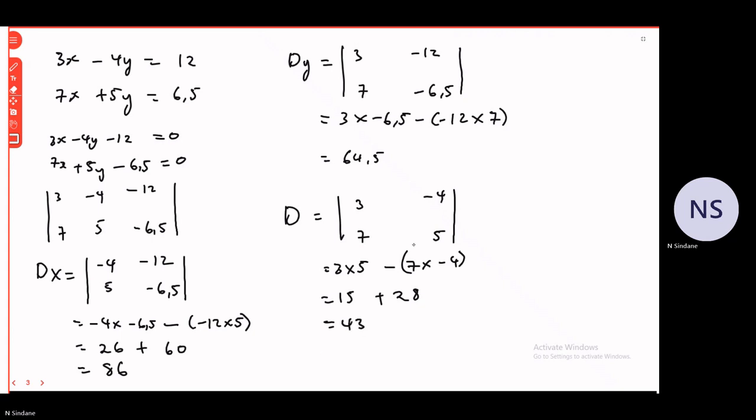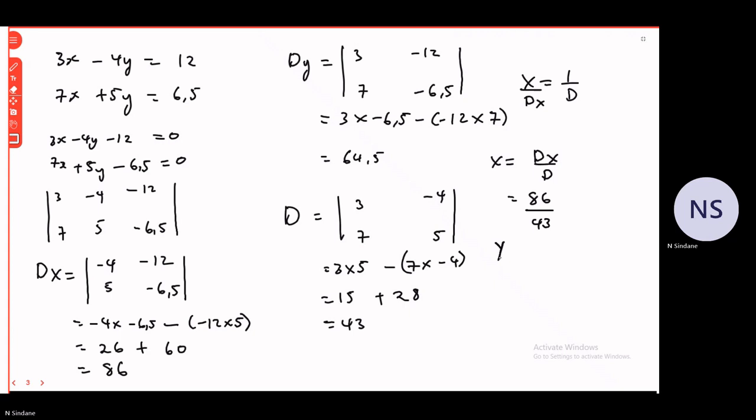And then now we can calculate x. x is equal to Dx over D, right? Coming from x over Dx is equal to 1 over D. Cross multiply, then divide by D. You'll end up with something like this. Then Dx will be 86 divided by 43, right?